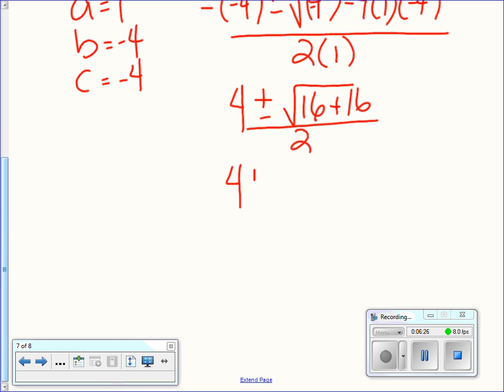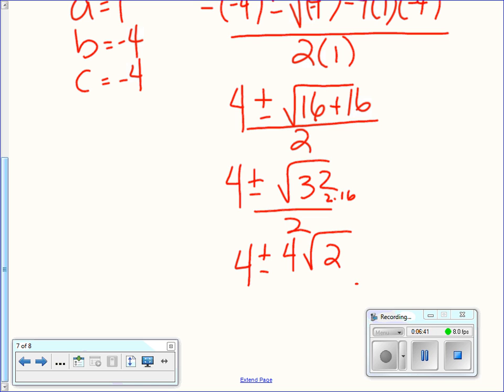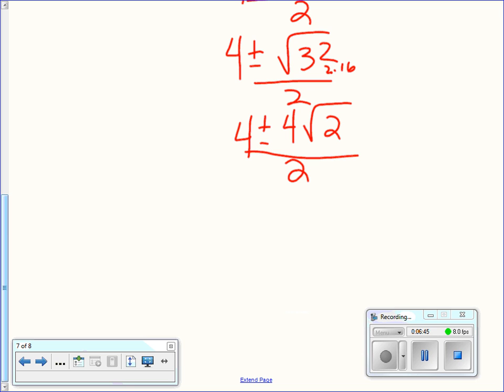So 4 plus or minus the square root of 32 over 2. The 32 simplifies to, this is 2 times 16. So 4 plus or minus 4 square root 2 over 2. Now I can simplify dividing both of these by 2 and get 2 plus or minus the square root of 2.